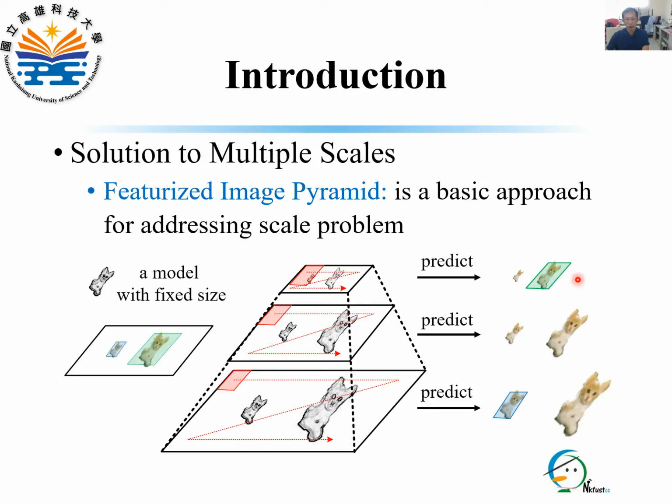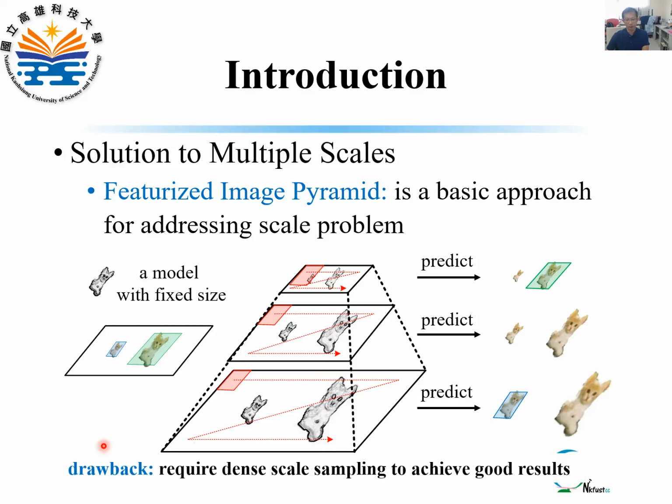The detection of large objects is from the upper pyramidal level. Small objects are from the lower pyramidal level. However, the main drawback of featurized image pyramid is that it requires dense scale sampling to achieve good results, and thus has high computational complexity.